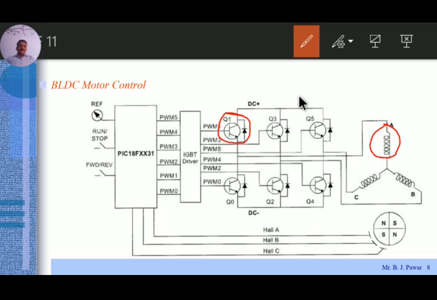Later, what did we discuss? Whenever the rotor shifts from phase A to B, coil B should get energized immediately. So what we will do now is turn on the next switch, this transistor, and immediately you will observe coil B, which is connected over here, gets energized.